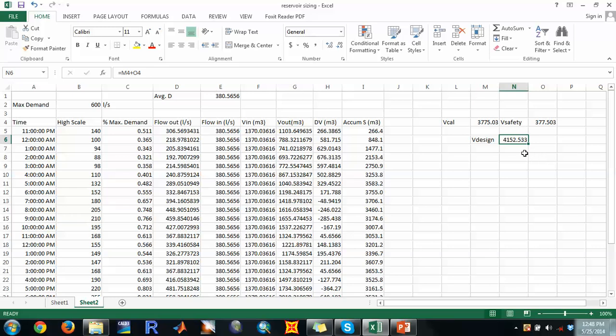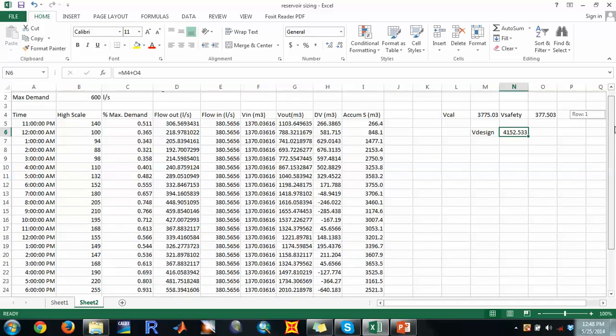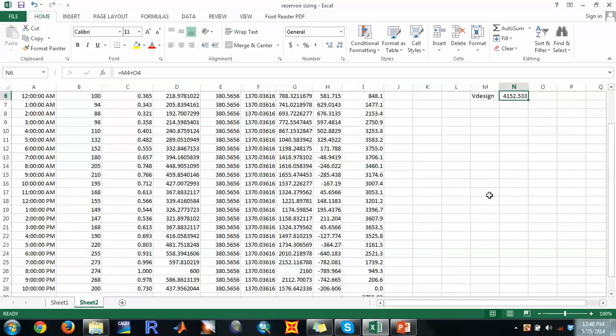When you design a structure, we can determine the diameter and the height of our structure from this volume. But when you do that, you have to allow an opening space in the reservoir, because you don't fill the water to the top of your reservoir. So this is how we come up with the maximum volume for which we have to design our structure.